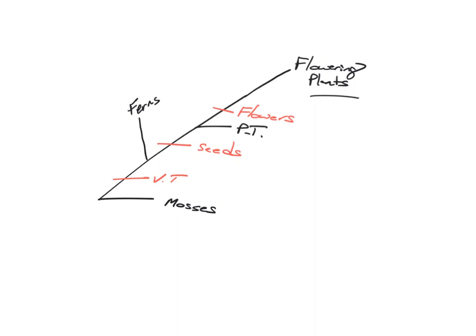Which do you expect to see in the deepest part of the rock structure? Mosses. You'd expect to see mosses at the deepest level. Next, you'd expect to see what? If you found some dinosaurs, what would you expect to see next to the dinosaurs, or creatures that came before dinosaurs?